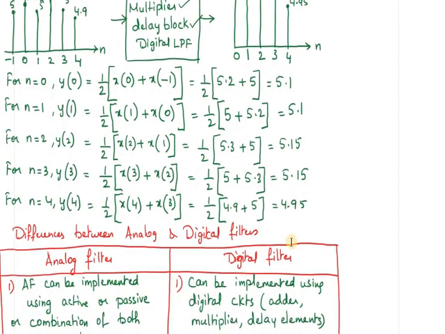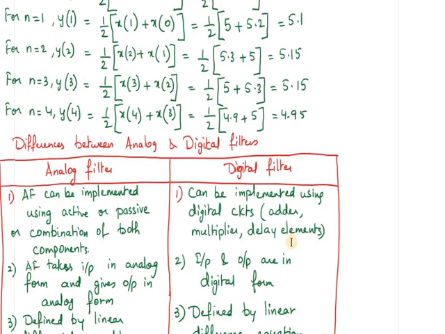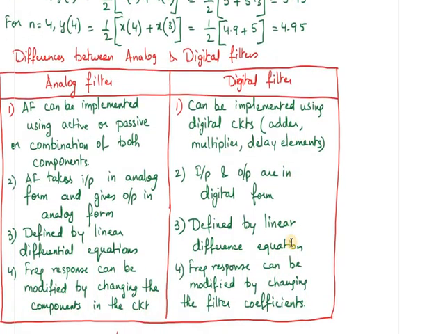Then we'll see the differences between an analog filter and a digital filter. An analog filter can be implemented by using active components or passive components, or a combination of both. Active components are diodes, transistors, FETs and so on, and passive components are resistors, capacitors, inductors.